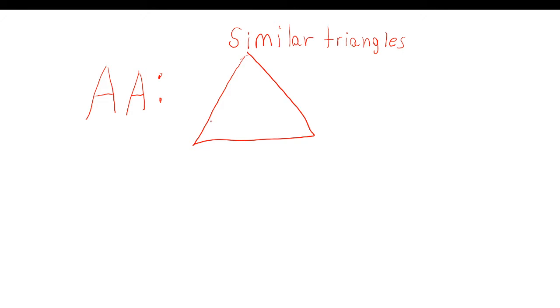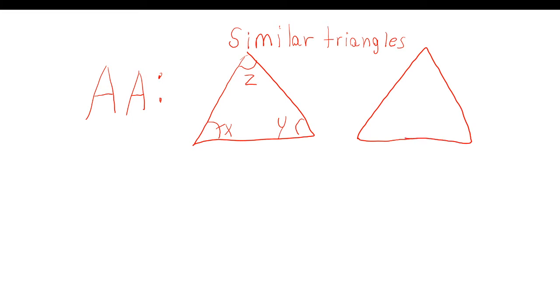so let's say we have angle X over here, and this is Y, and this is Z, and we have another triangle over here which has corresponding angles.